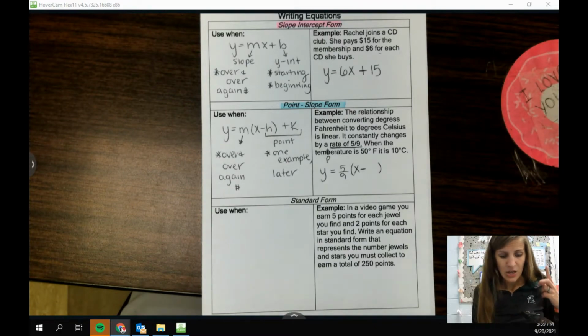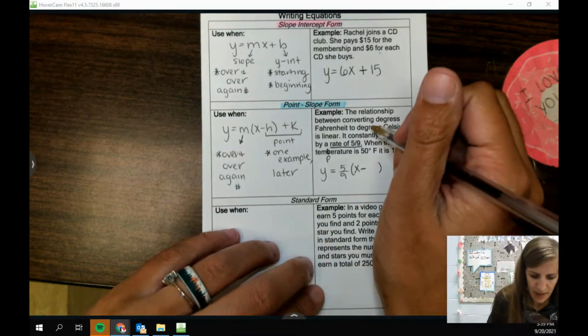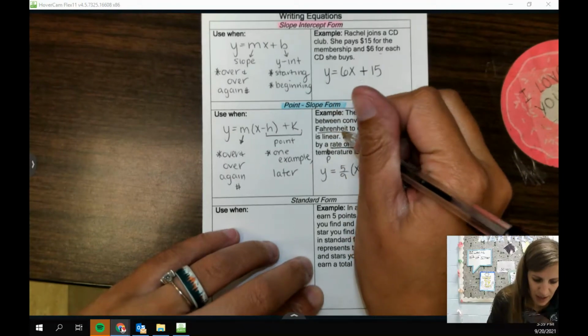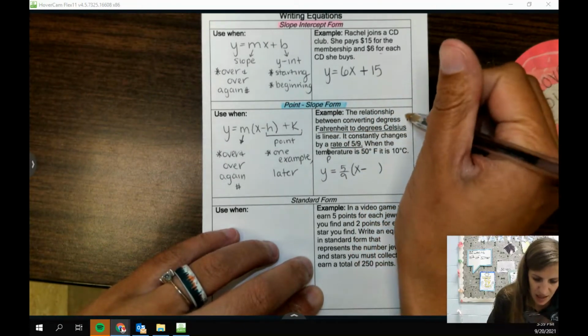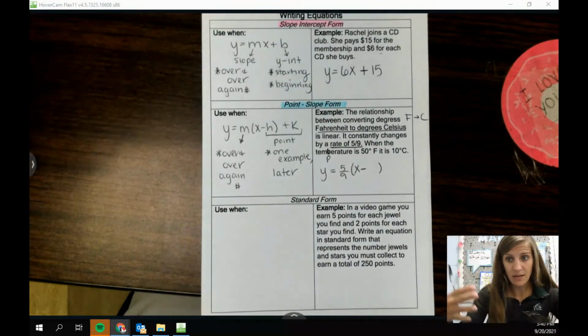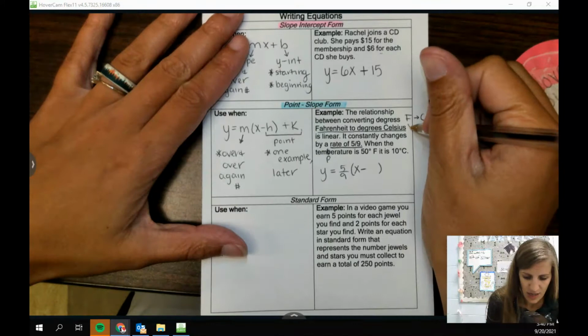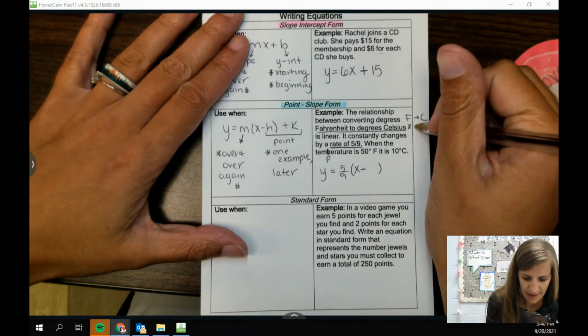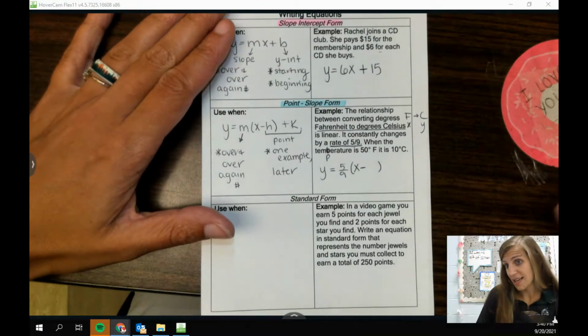So because they told me up here I'm converting Fahrenheit to Celsius, because I need to know Fahrenheit to go to Celsius, that sort of tells me Fahrenheit is X and Celsius is Y, because I need to know X first.